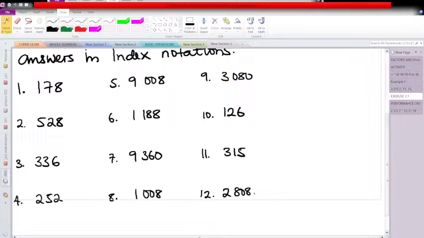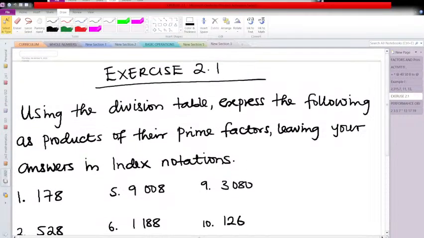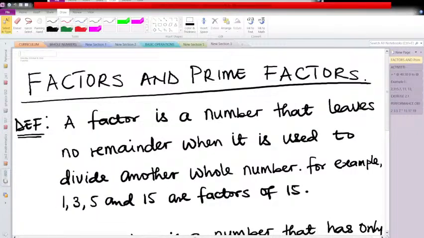That brings us to the end of today's class. In today's class, we have been able to look at factors and prime factors, where I told you that factors are said to be smaller numbers that divide a bigger number without a remainder.